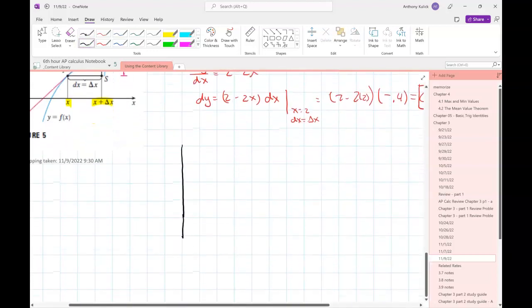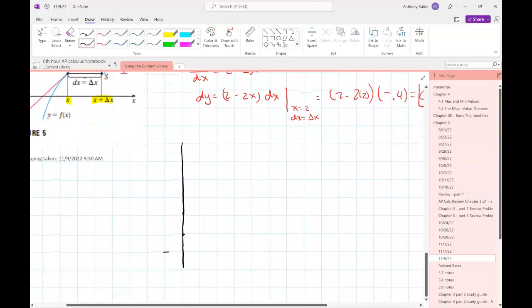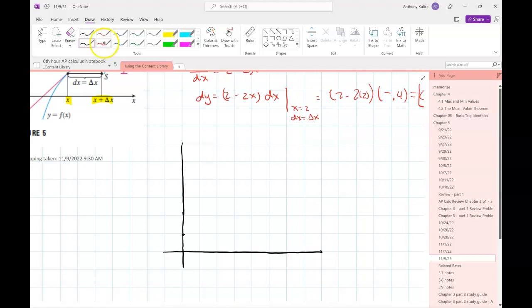I'm going to try to give myself a little bit of space so that I have room to label some things. So I'm going to start first by graphing y equals 2x minus x squared. If I set the y equal to 0, I can solve this to get the x-intercepts.